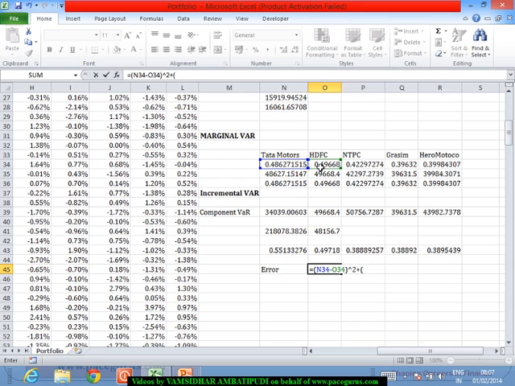I'll take the difference in the marginal VARs of all the pairs as a square. Let's try out. I'll take the difference of all the pairs possible. We can have some other formulas to address that. Right, I'm taking the squares of the difference of all the marginal VARs which are currently existing.